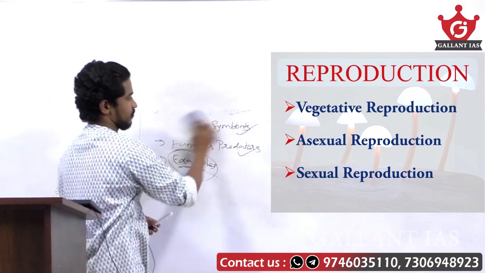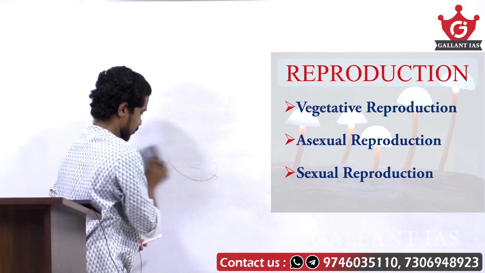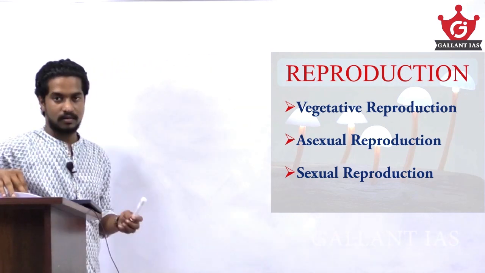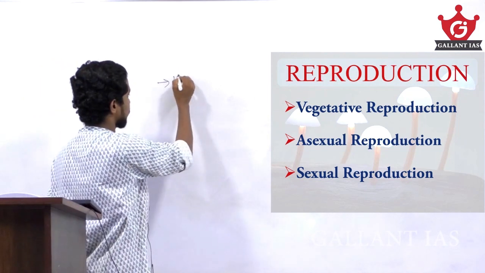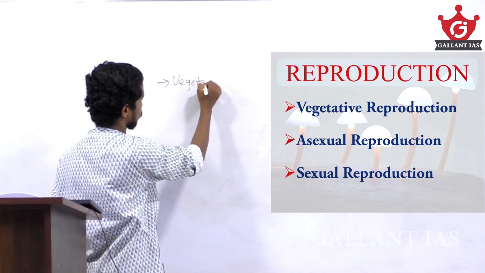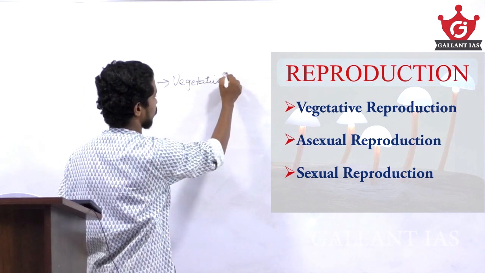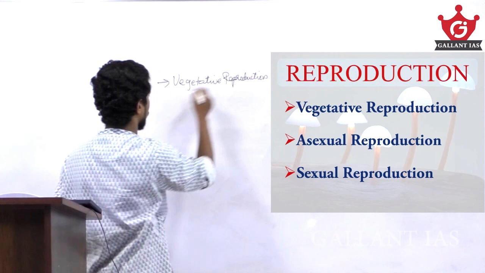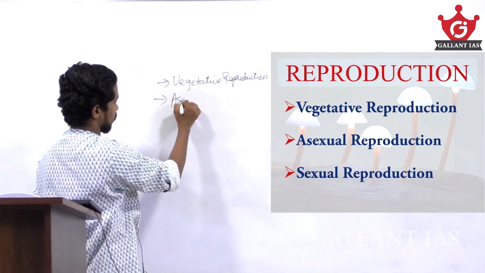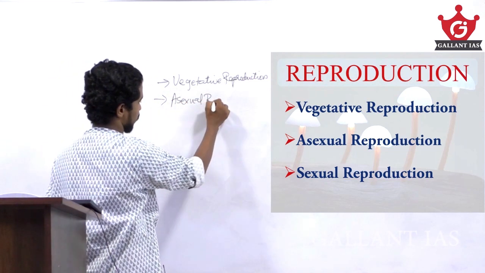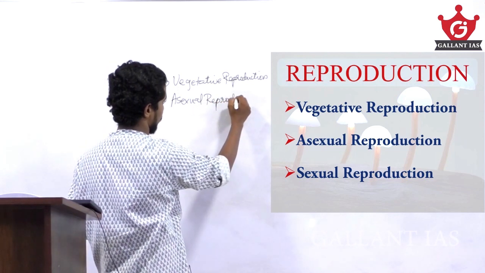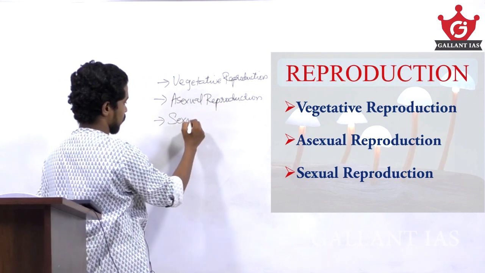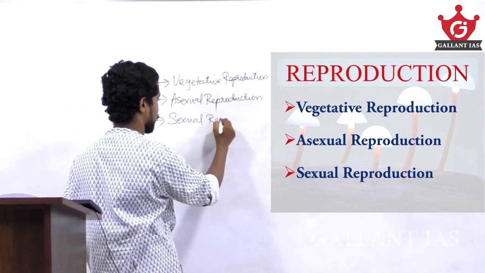And reproduction of fungi. In fungi there are 3 types of reproduction. One is the vegetative mode of reproduction, then asexual reproduction, and sexual reproduction.